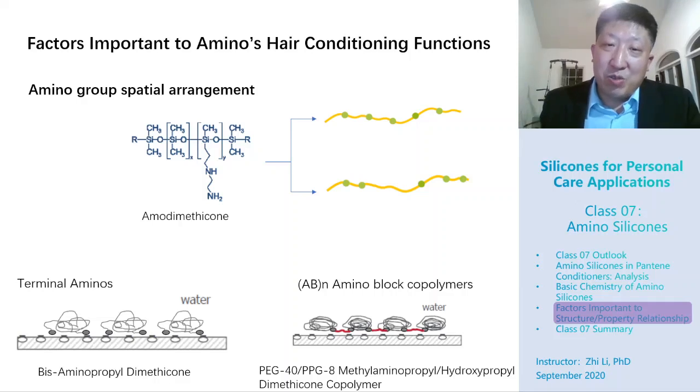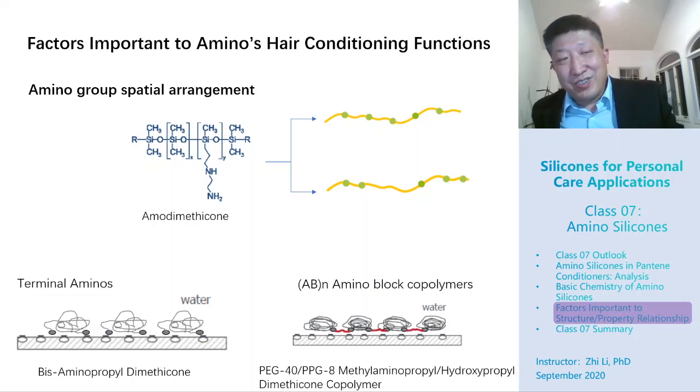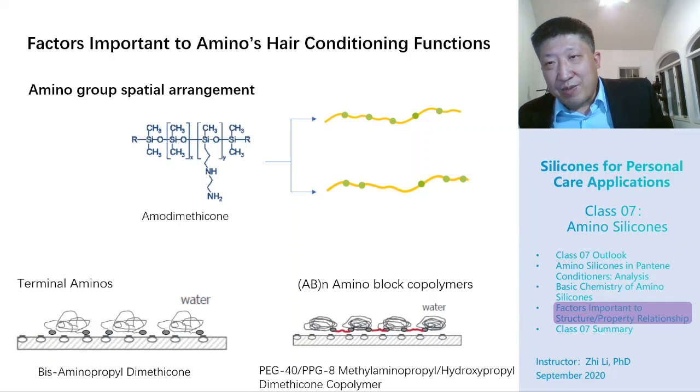You kind of associate with high mobility, high freedom of the silicone on the hair surface. And in my personal imagination, it might even have some mobility with terminal functionalization. It might be able to accumulate more on the damaged sites.